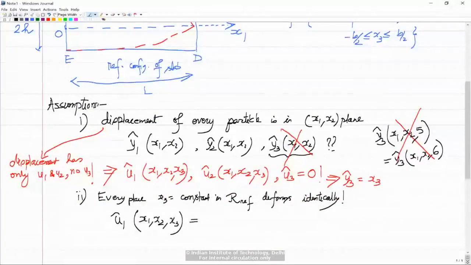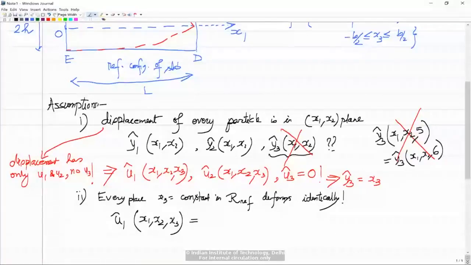It's the same displacement. So somebody has already said, Mir Rashid, that no variation along B, right? And B is in the E3 direction. So that means this u1 hat is not a function of x3. Very good.